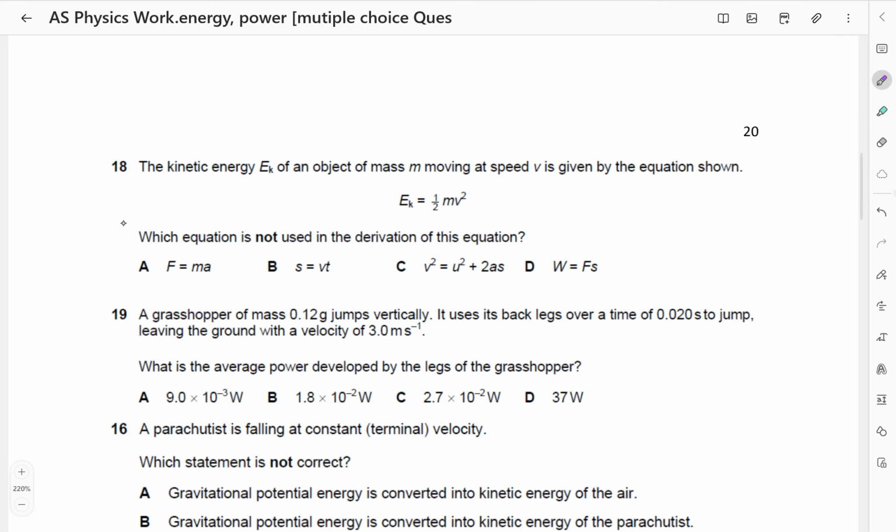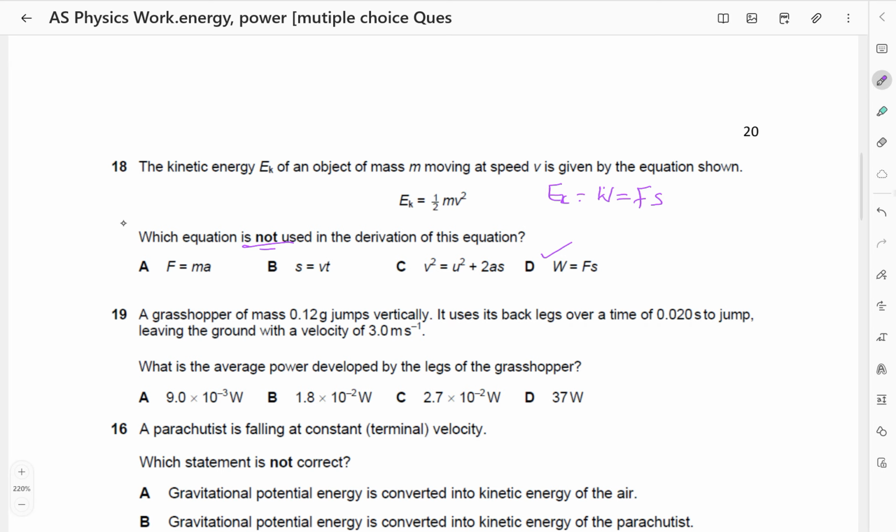The kinetic energy Ek of an object of mass m moving at a speed v is given by the equation Ek is a half mv squared. Which equation is not used in the derivation of the equation? So we know that the kinetic energy is going to be equal to the work done. So work done is going to be equal to the change in kinetic energy, and work done is force times distance in the direction of the force, so that one is useful.